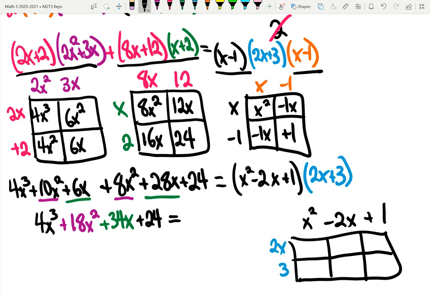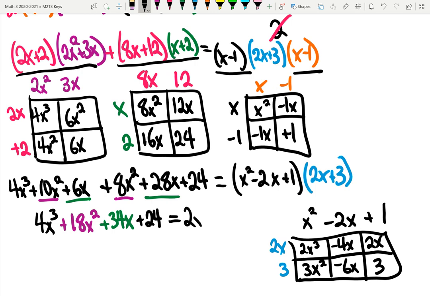This is going to result in 2x to the third minus 4x and 2x, 3x squared minus 6x plus 3.